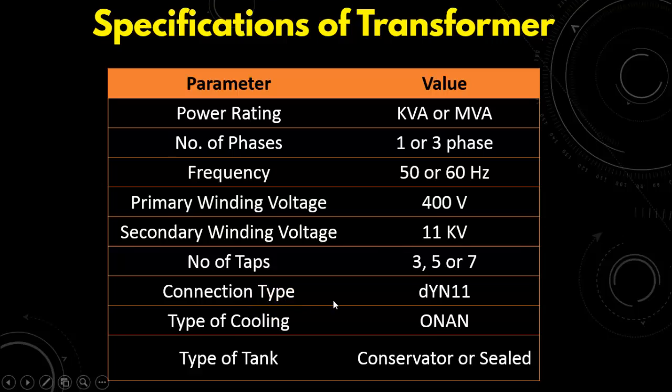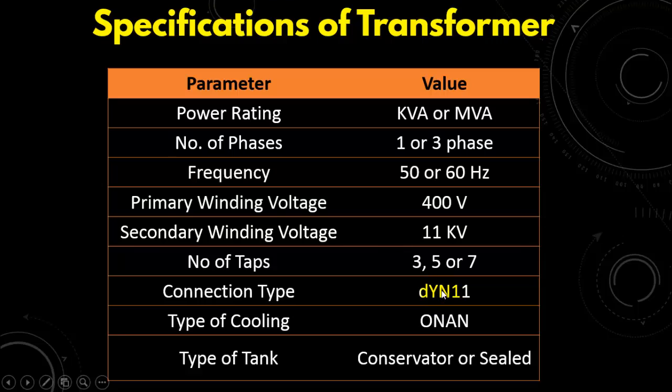Here is the connection type, which says DYN11. This is a convention which means that D stands for delta and Y stands for star. So the primary is in delta and the secondary winding is in star. And N is for the neutral.